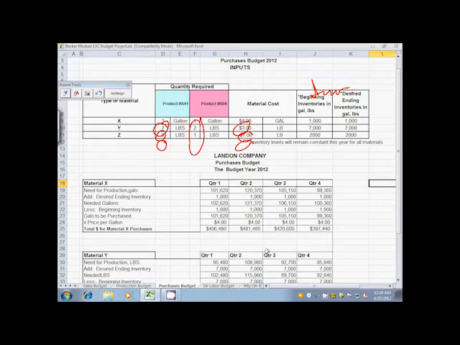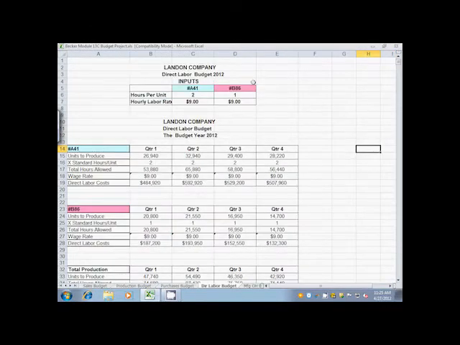Direct labor, we'll take a look at it. It would follow next. And we will look at the top of it for the inputs. These, of course, tell us that this product takes 2 hours of labor. This product takes only 1, and here is our labor rate.